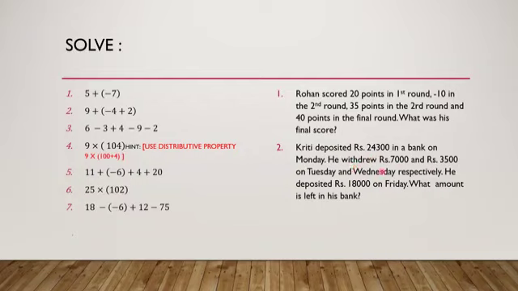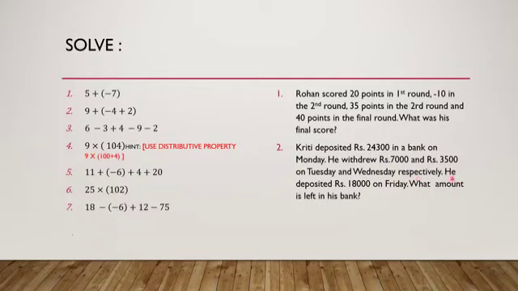As he withdrew, the balance keeps on decreasing, because I've taken out money. So when you withdraw money, your bank balance decreases. You have to subtract 7,000 and 3,500 from this amount. So 24,300 minus 7,000 minus 3,500. Whatever balance is left will be your balance at the end of Wednesday.